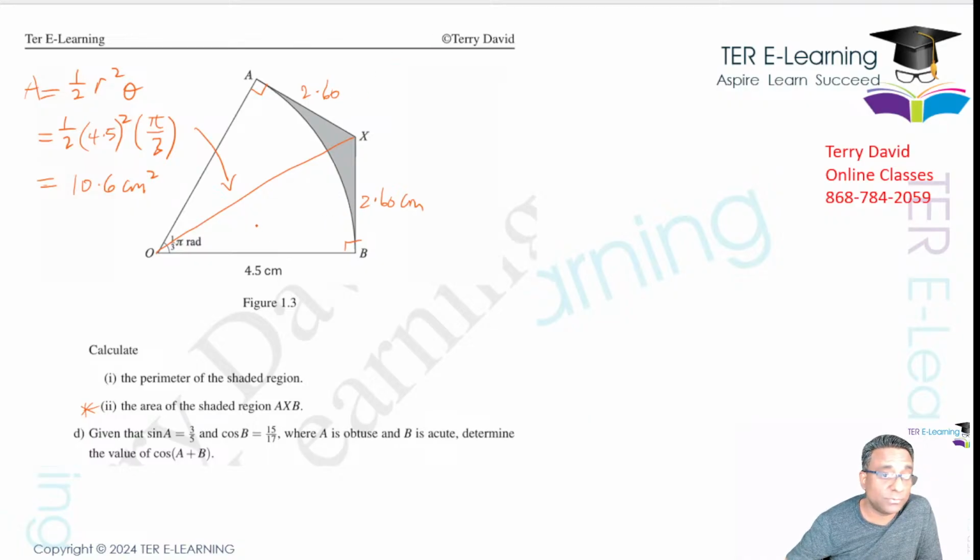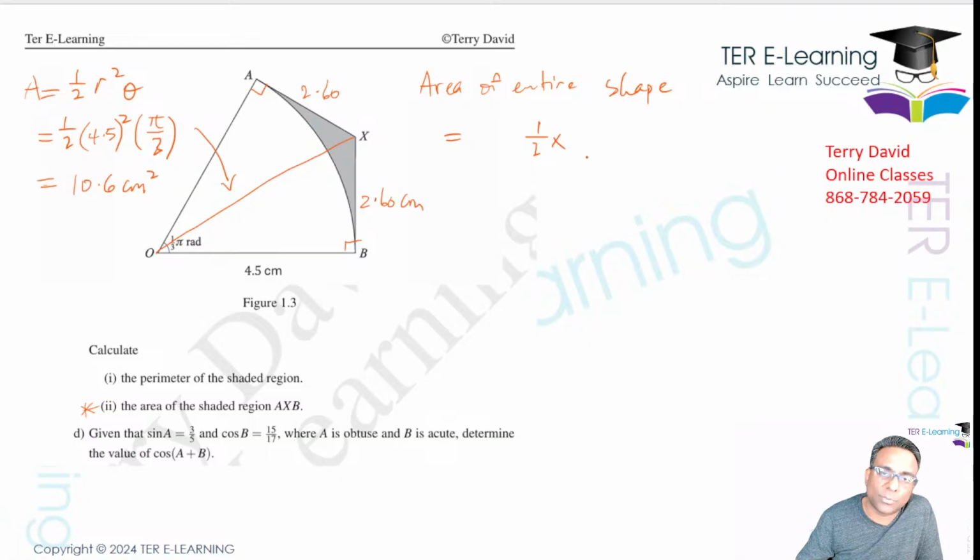So what you could do is find the area of one right angle triangle and multiply by 2. So the area of the entire shape here: the area of one triangle is going to be a half multiplied by the base.